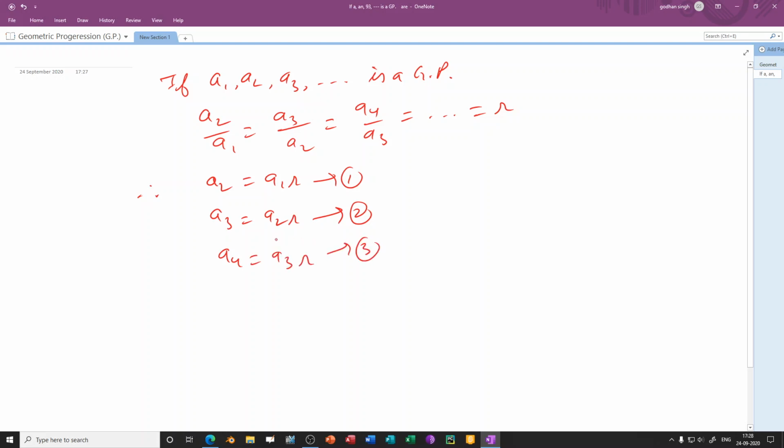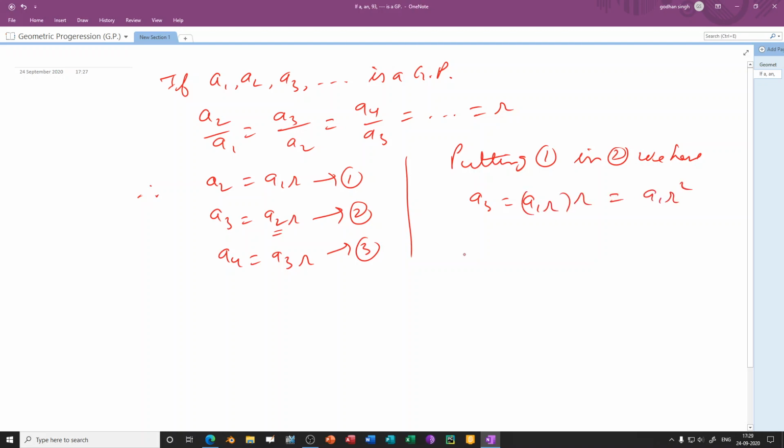Now A3 is A2R, so let us put 1 in 2. Putting 1 into 2, we have A3 equal to, in place of A2, A1R. So A1R into R gives A1R square.